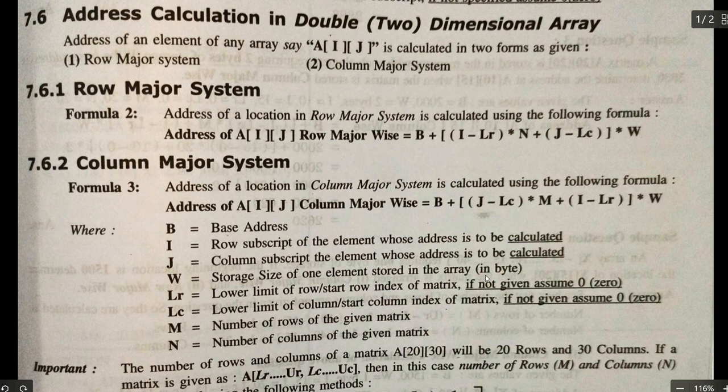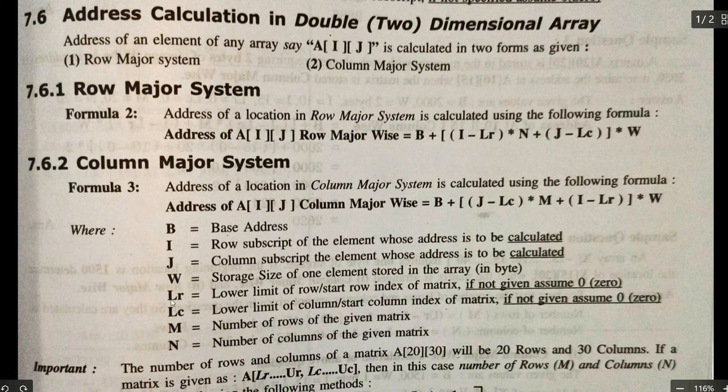Remember one thing, it should be in bytes. Storage size of one element means how much space will be required by one element. It is already given in the question. So you have to put the value of W in the formula.